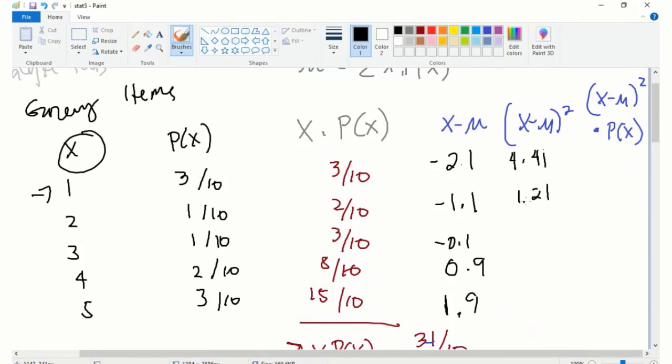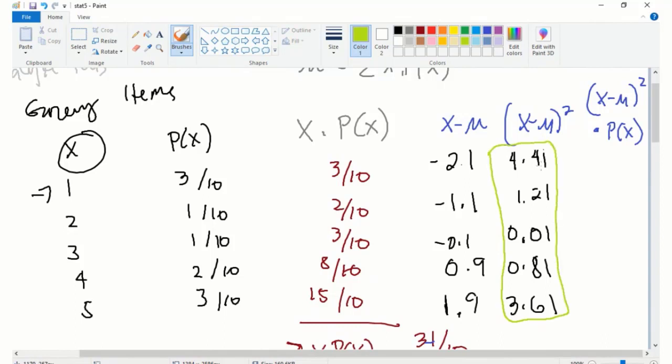Okay, next is 0.1 times 0.1, 0.01. And then we have 0.9 times 0.9, 0.81. And then we have 1.9 times 1.9, 3.61.